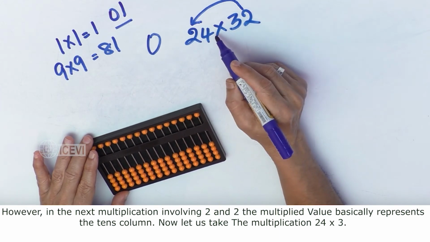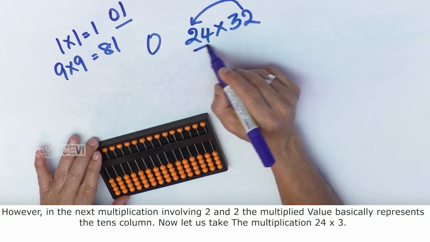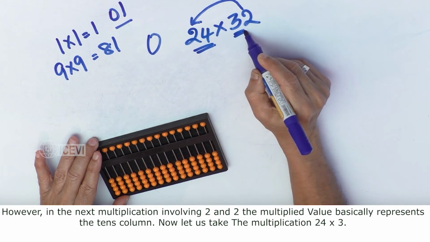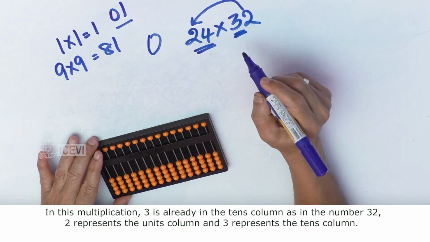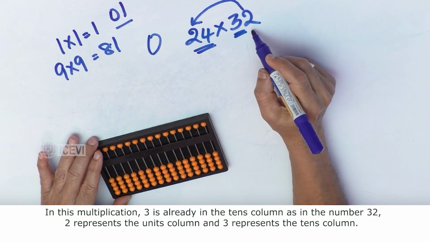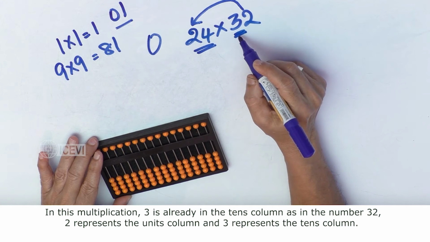Now let us take the multiplication of 24 and 3. In this multiplication, 3 is already in the tens column, as in the number 32, 2 represents the units column and 3 represents the tens column.